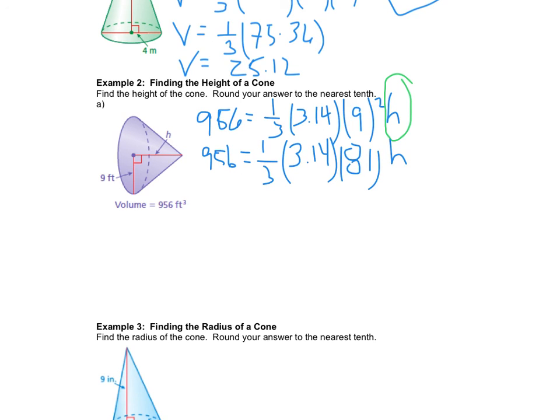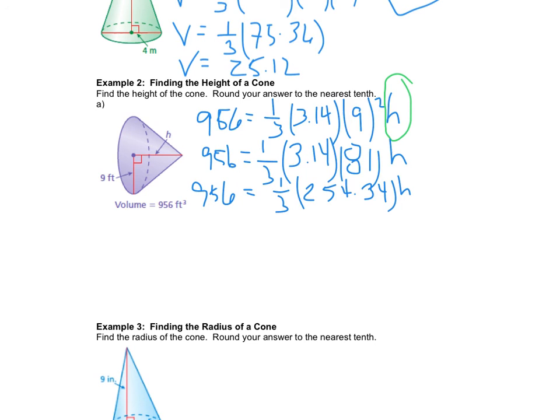So then, when I do 81 times 3.14, I get 254.34. Still 1/3, 956.